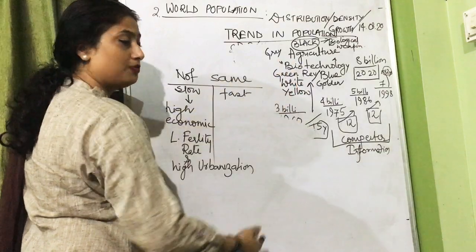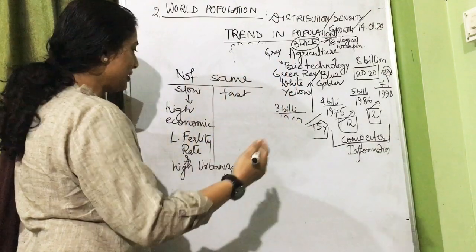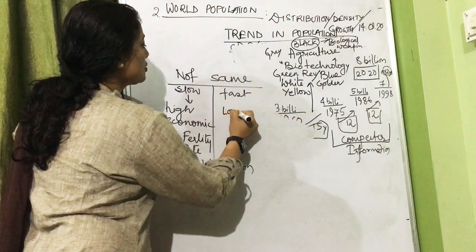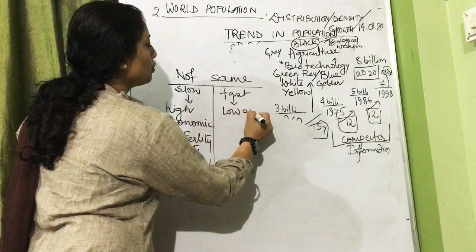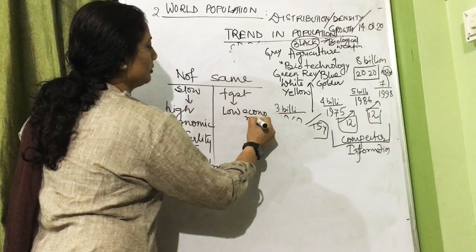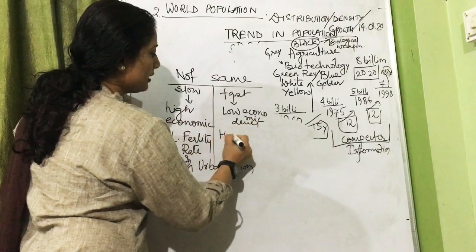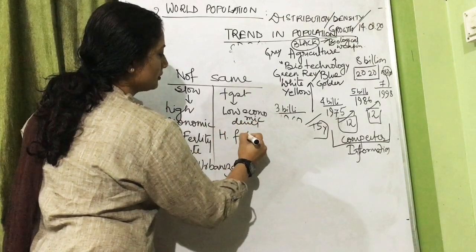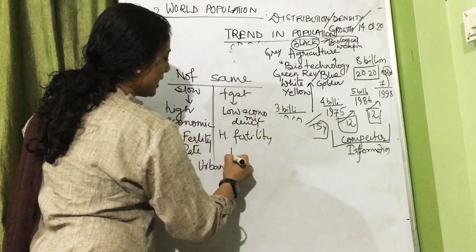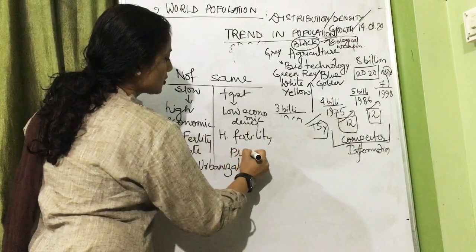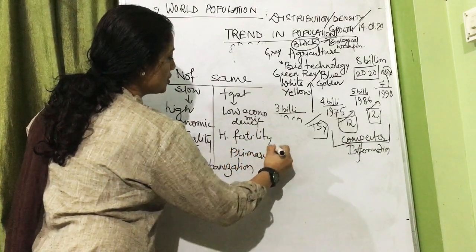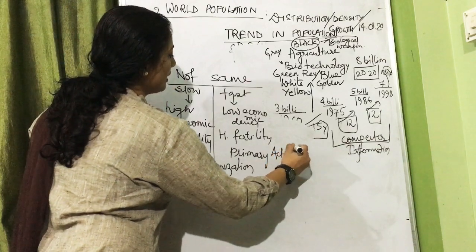And the doubling rate of population is very fast, very high, in places which have low economic development. The reason is high fertility rate, and these countries are basically associated with primary activities.